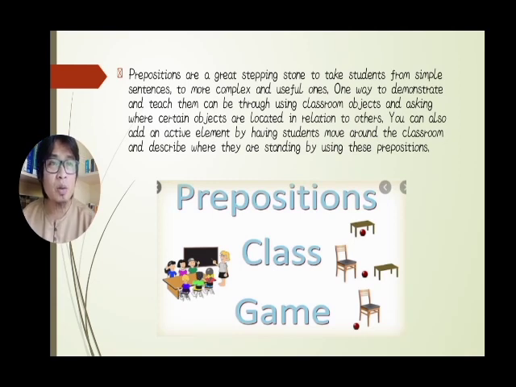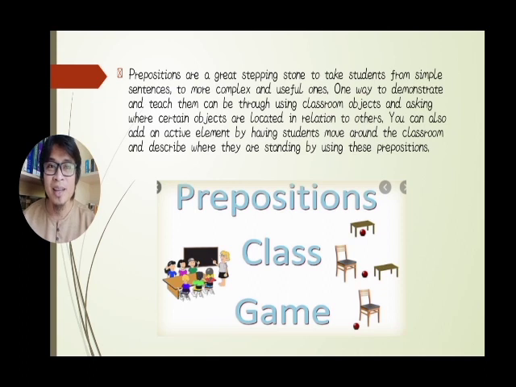Prepositions are a great stepping stone to take students from simple sentences to more complex and useful ones. One way to demonstrate and teach them can be through using classroom objects and asking them where the certain objects are located in relation to others.